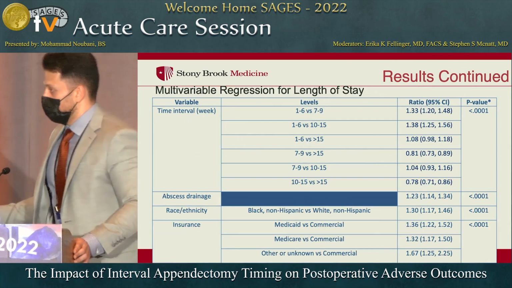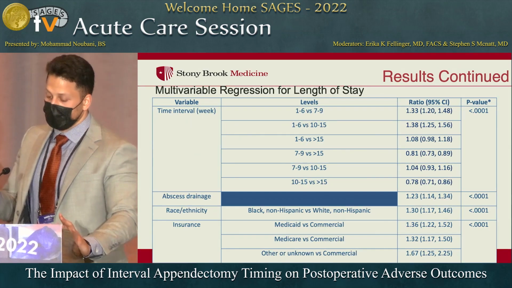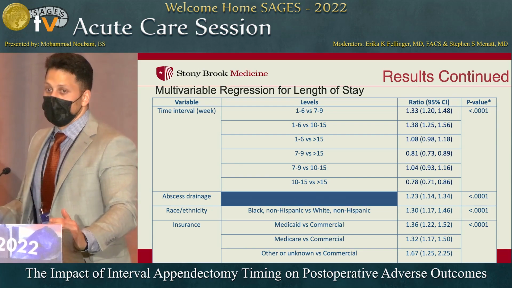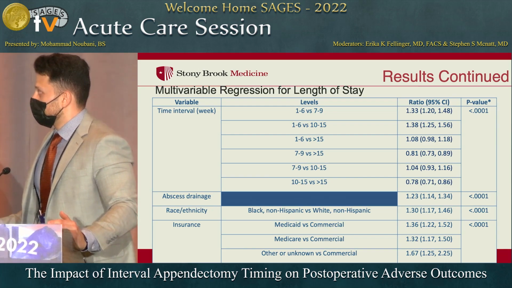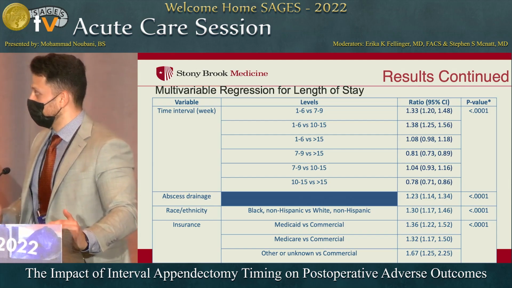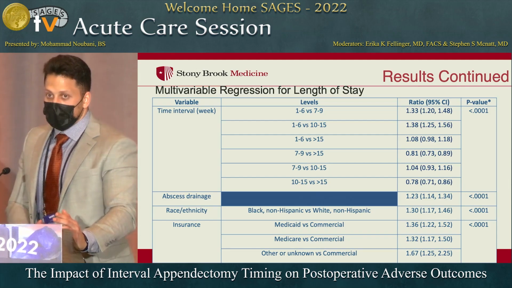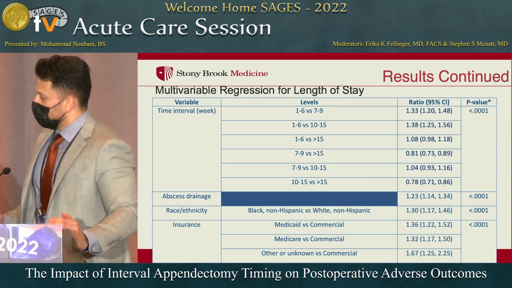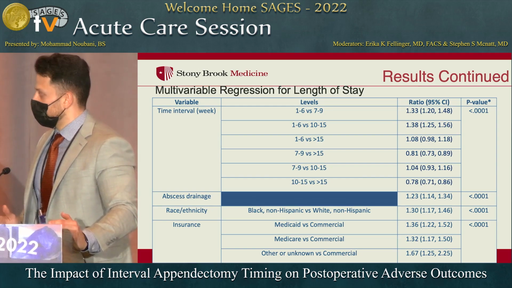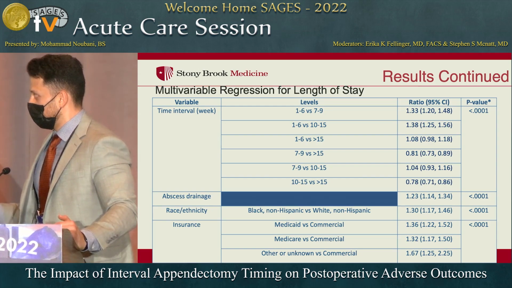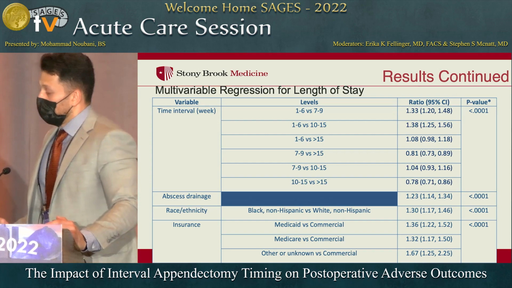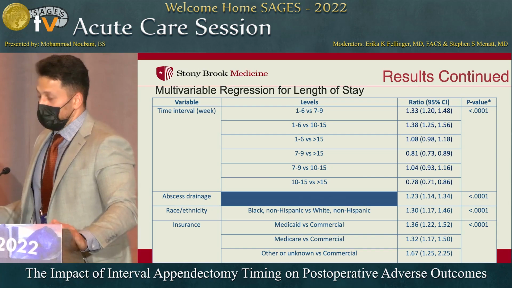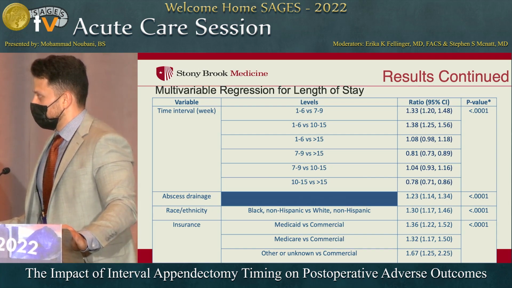On regression modeling, we found that patients who had their interval appendectomy between 1 and 6 weeks had a significantly longer length of stay compared to the patients who had their interval appy between 7 and 15 weeks. On the other side, patients who had their interval appy between 7 and 15 weeks had a shorter length of stay compared to patients who had their interval appy at greater than 15 weeks. When we looked at abscess drainage, patients with abscess drainage had significantly longer length of stay.